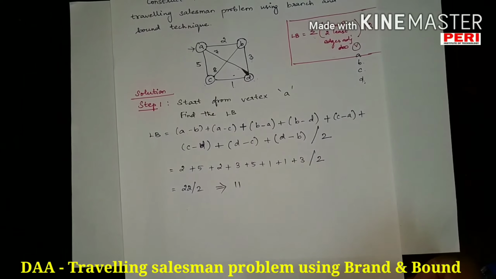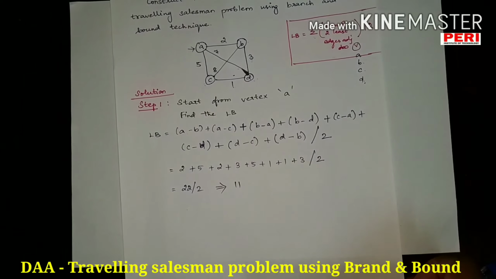Step 2: lower bound value for the edge A to B. As I told you earlier, you are going to find it for every vertex. For A you will find the answer, for B, for C, and similarly for D. Finally you will add all the answers and divide by 2.